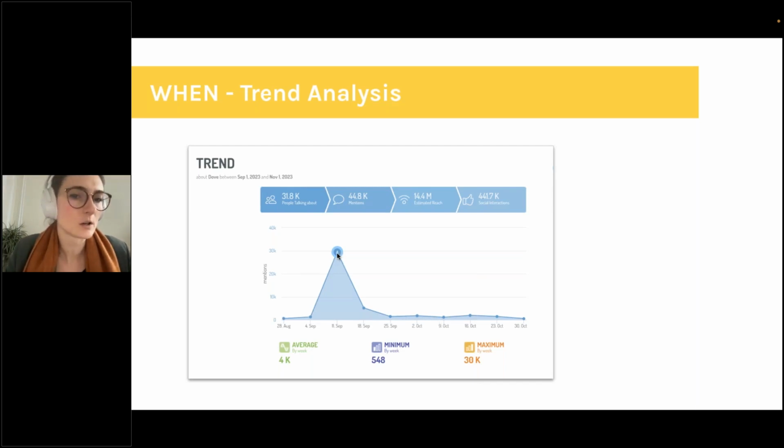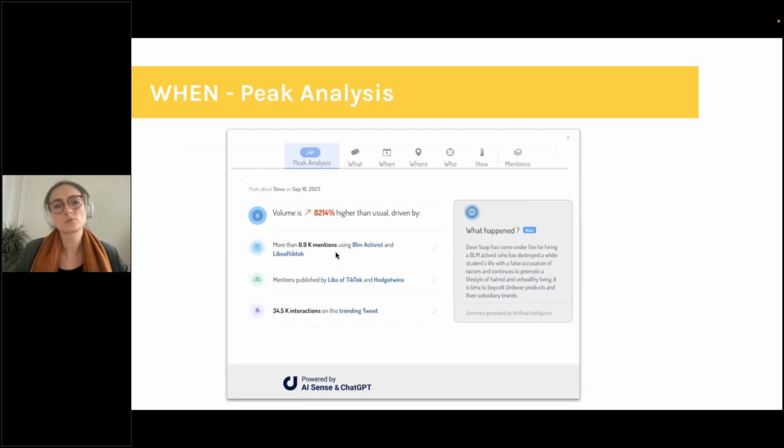Whenever a peak is detected, Digimind will also help you understand what caused it. If you click on the peak, thanks to the peak analysis feature, Digimind uses AI algorithms that will help you quickly understand what caused this peak.